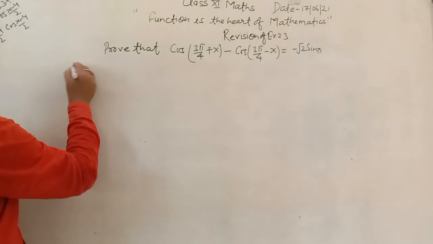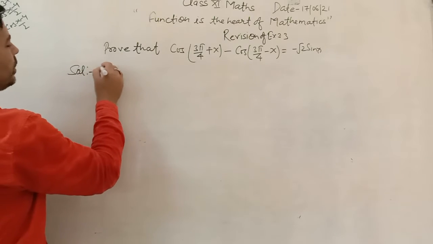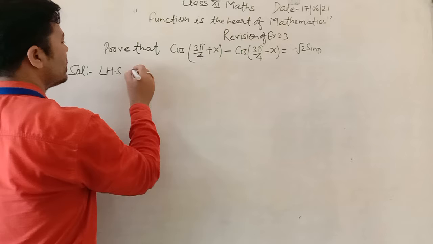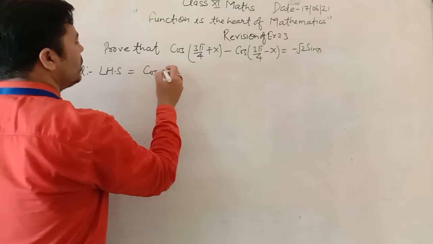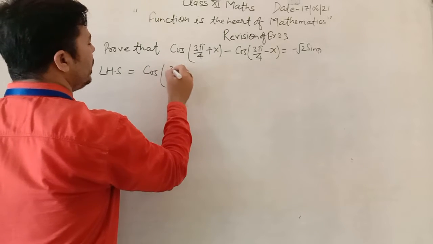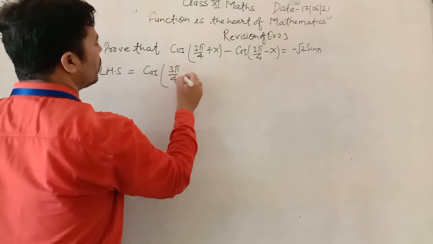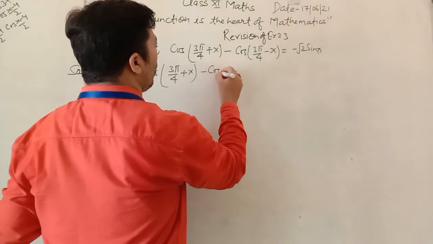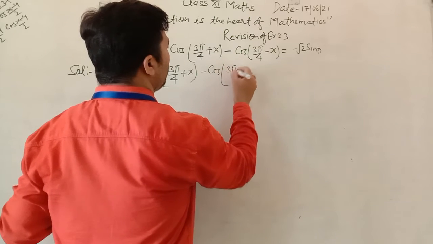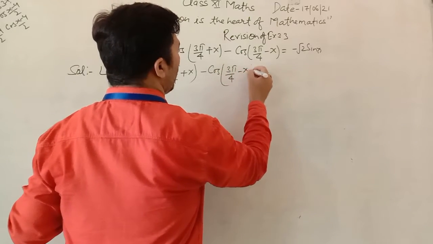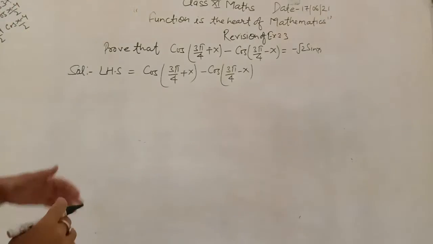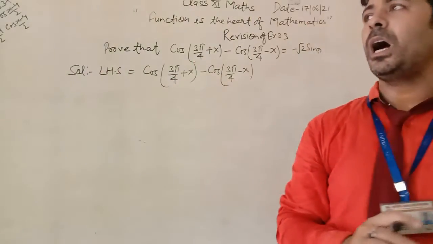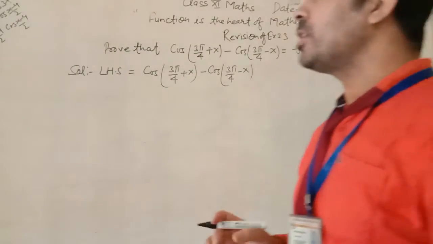So the LHS of the equation is cos(3π/4 + x) − cos(3π/4 − x). Now, students, it is in the form of cos x − cos y.